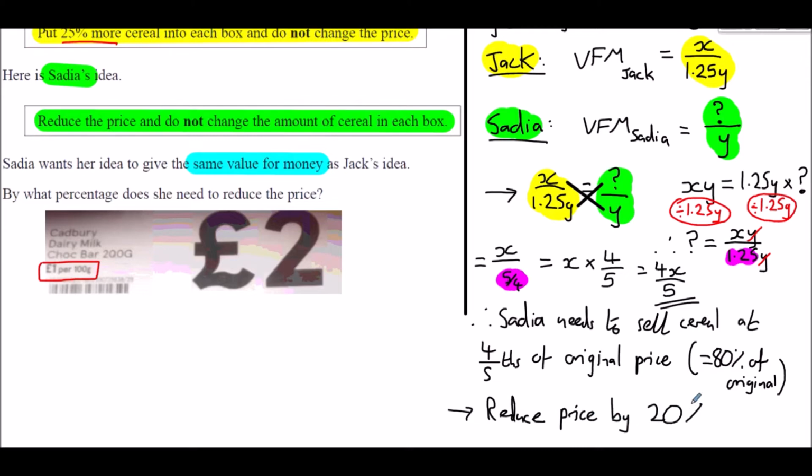And that is our final conclusion. She needs to reduce the price by 20%, because 100 minus 20 gives us the 80% she needs to be selling it at. That approach might seem simpler to you. I do think it's quite a hard question anyway, no matter which way you do it. So if that way works better for you, then feel free to stick to that approach.